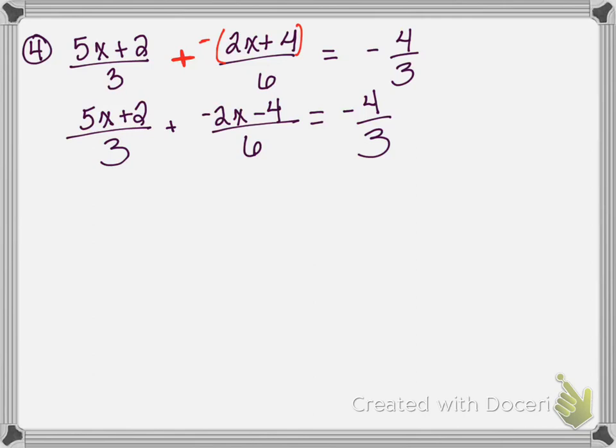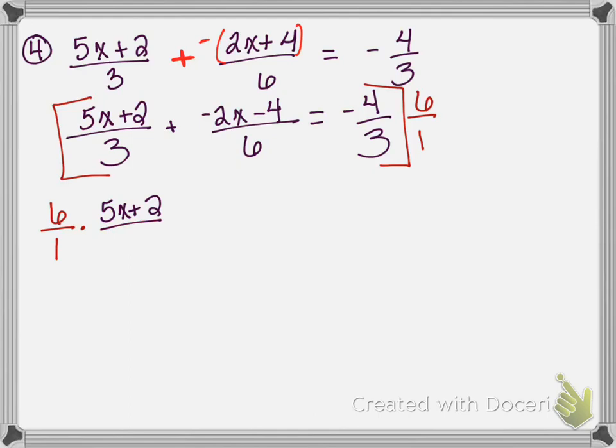Now that I've dealt with that negative, I'm going to multiply everything by my LCD. So I have 3 and I have a 6 for this one right here, and then I have another 3. So my LCD that I'm going to multiply everything by is 6 over 1. So I have 6 over 1 times 5x plus 2 over 3. And you better go ahead and put a parenthesis around that, or else you might forget.